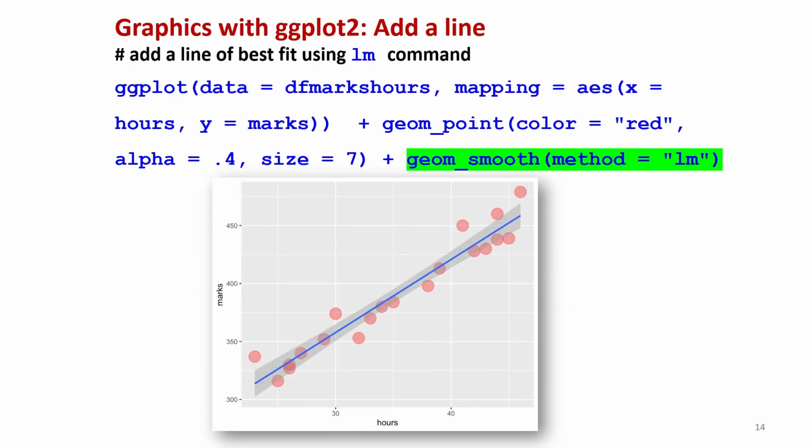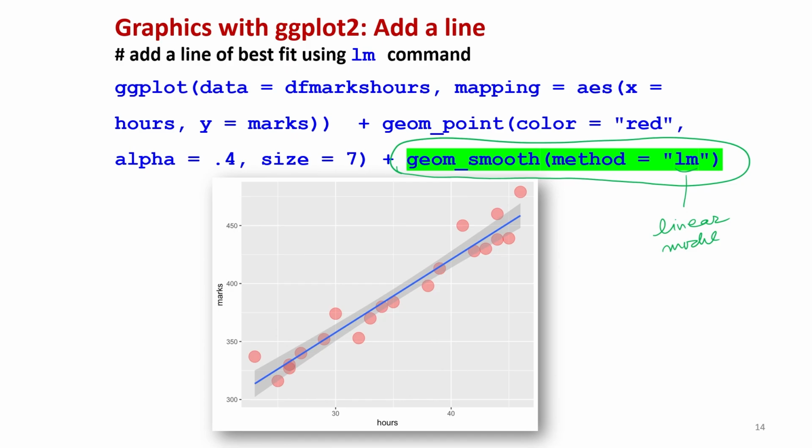For example, if you want to plot a linear line, I have to add the option geom_smooth, and within the parenthesis give method equal to "lm" within double quotes. lm means linear model. Towards the end of this course, we will also study the principle of least squares, and there we will use this concept lm.